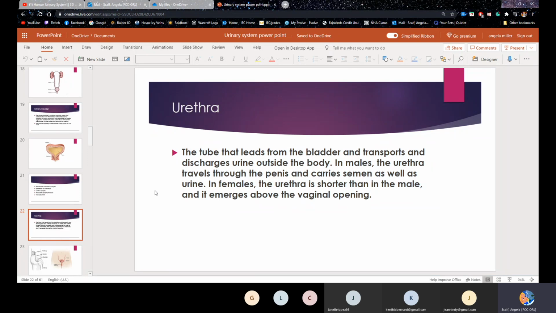But the urethra, especially in the female, is going to be shorter. It is going to have a smaller area, and you would think that would keep you from getting more infections, because the longer the urethra, the more chance of infections, but it actually does the opposite. And here's why.